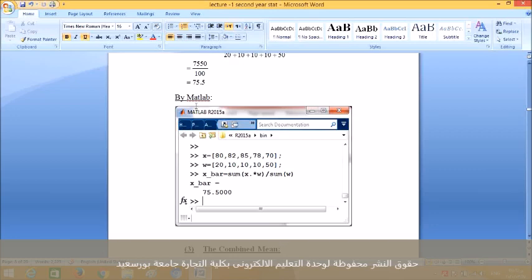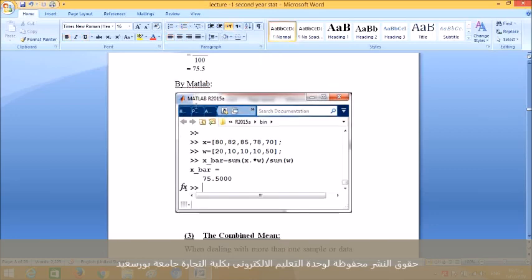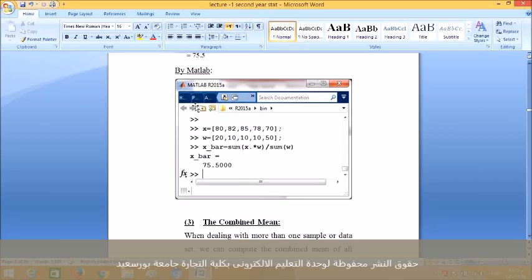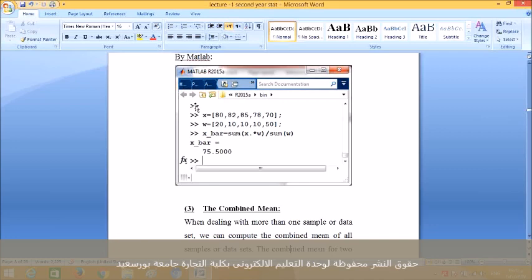Okay, so the third measure is called combined mean. So what's the difference between weighted mean and combined mean? When dealing with more than one sample of a data set, you can compute the combined mean of all samples.